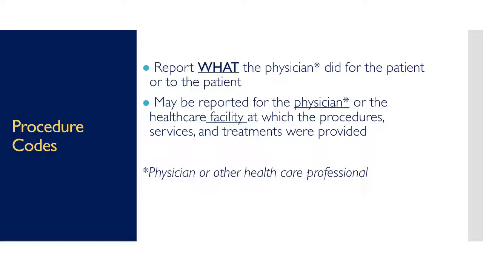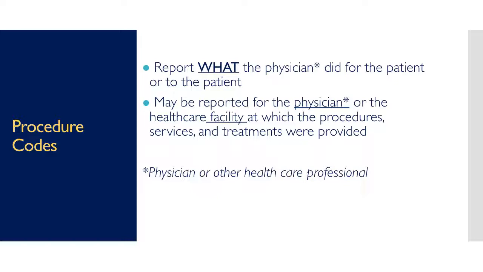So for example, if we have a patient that's in the hospital brought into the operating room to have a surgical event, okay? So we are going to code for the surgeon, the physician who is actually performing the surgery. But why do we need to code for the hospital, the facility? Because the facility participated. The facility provided the surgical nurses and the rest of the support team.